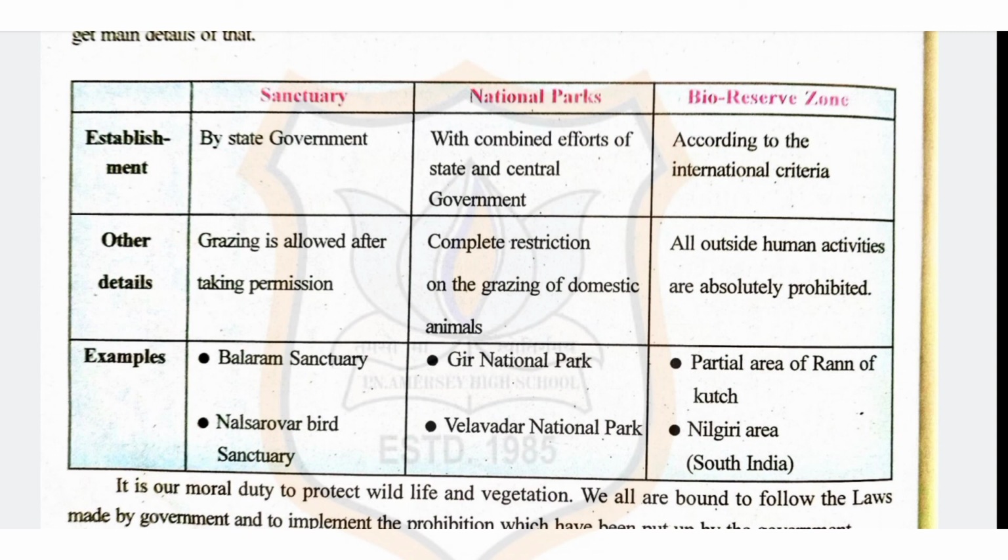Now, examples. So, sanctuaries: Balaram Sanctuary and Nal Sarovar Bird Sanctuary. National parks: Gir National Park and Velavadar National Park. Bioreserve zone: partial area of Run of Kutch and Nilgiri area, that is South India.